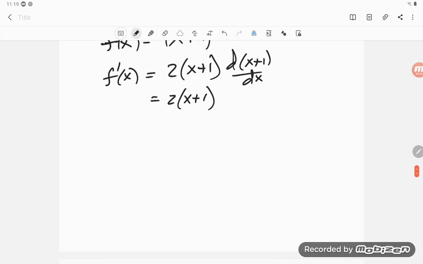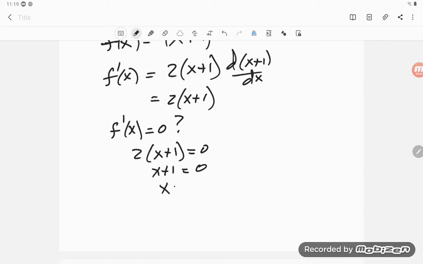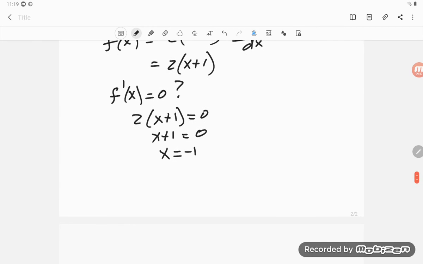And now, where is f prime of x equal to 0? When does that happen? Well, that's when 2 times x plus 1 is equal to 0, or x plus 1 is equal to 0, or x is negative 1. Okay, so that's the only time it's 0.